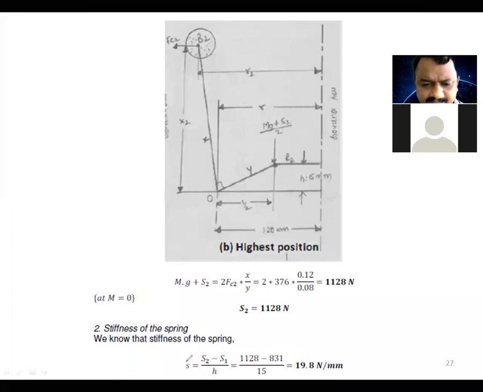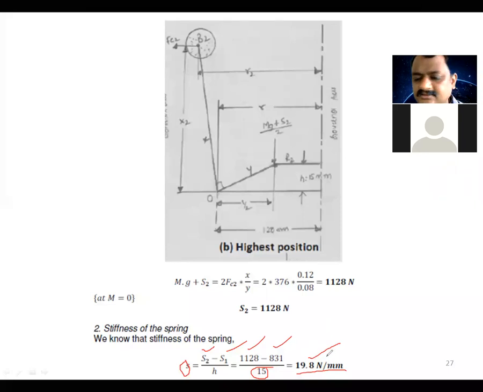What is stiffness? S equals S2 minus S1, the spring force at maximum position minus the spring force at minimum position, divided by H, the height of the governor, or sleeve lift. The sleeve lift is 15 millimeter, so S is 1128 minus 831 divided by 15, which is 19.8 Newton per millimeter.